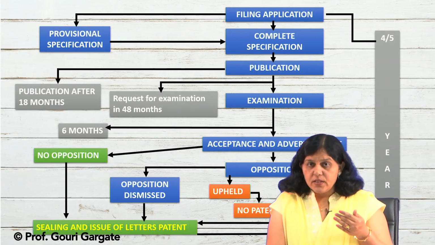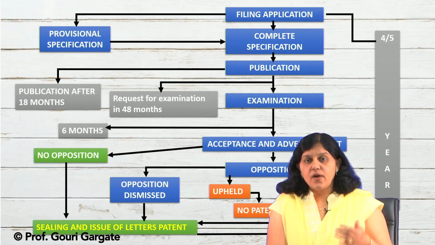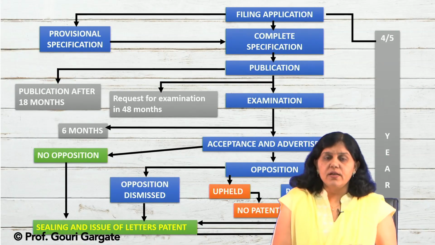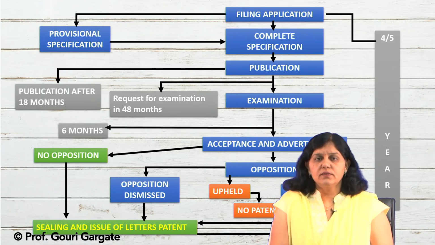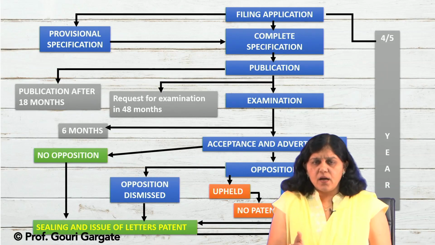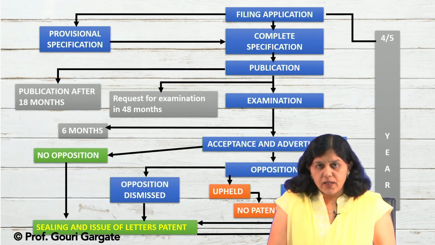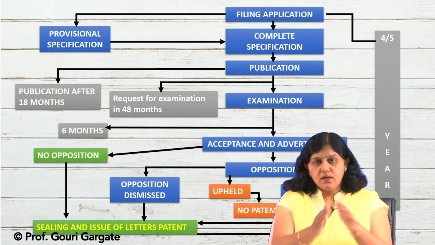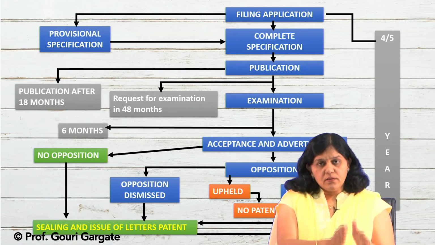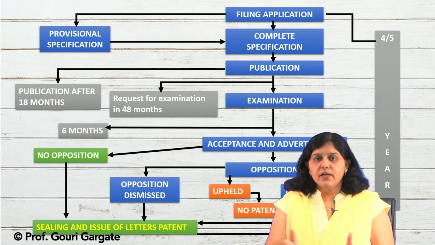If you have done the search report before filing the patent, and you find that the search report is positive, then you need not worry about the grant, because of the search report you are pretty well, about 95%, sure that this patent will be granted. Okay. So, this is the total prosecution. Your right starts after application, but you can execute your rights after grant only.